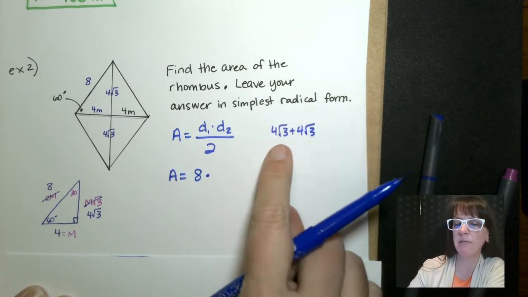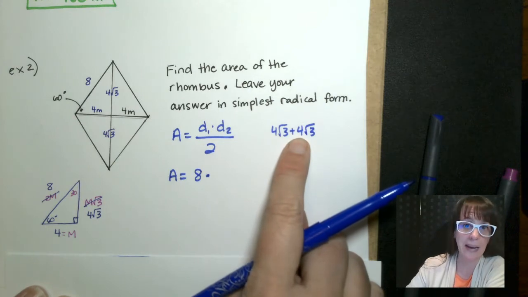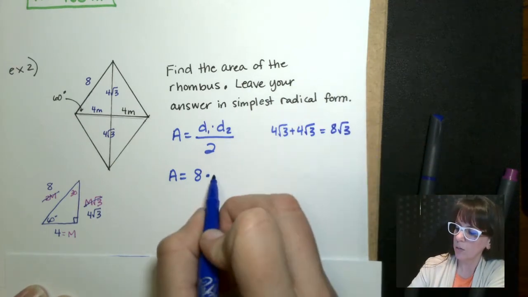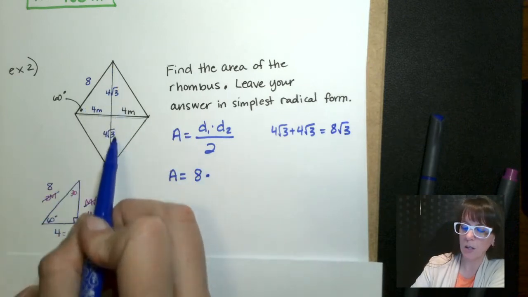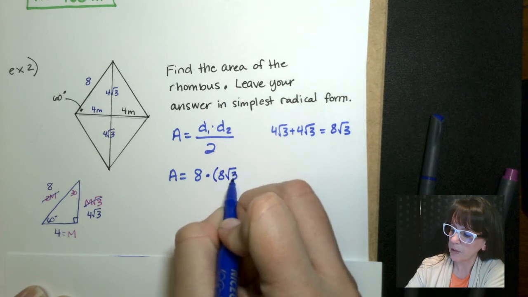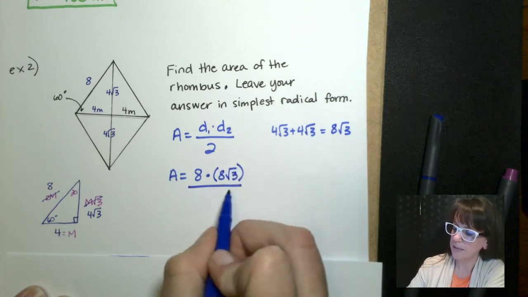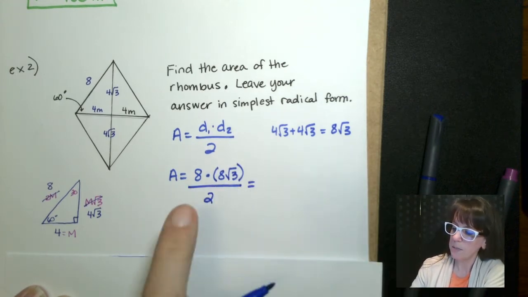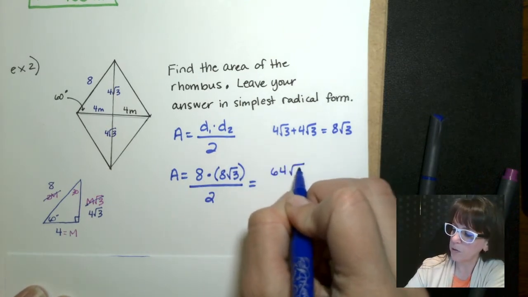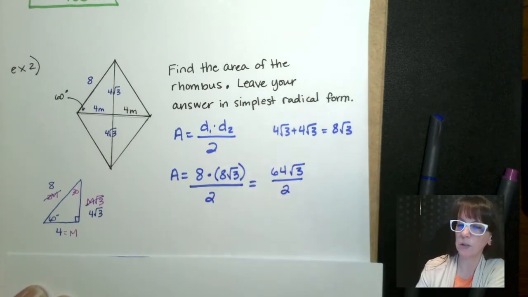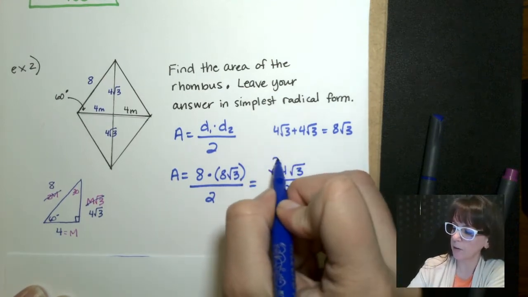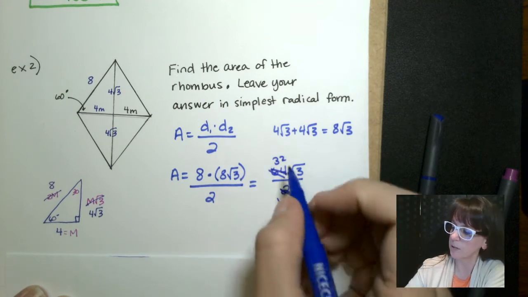Remember, think of it like 4x plus 4x, you would get 8x. You get the same idea here, 8 root 3. So this long diagonal is 8 root 3. All of that is divided by 2. So to simplify this, we get 8 times 8 is 64, root 3 divided by 2. Divide this by 2, I get 1. Divide this by 2, I get 32. That was supposed to go through both those. There we go.